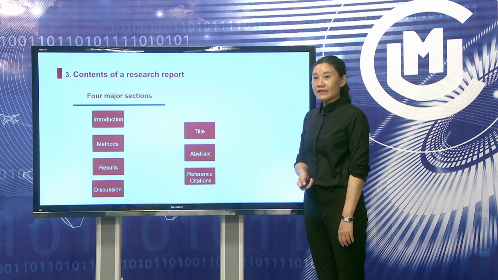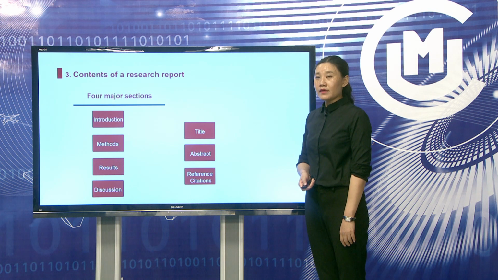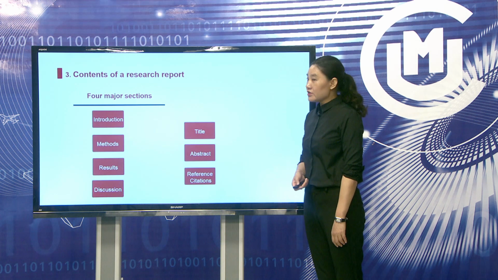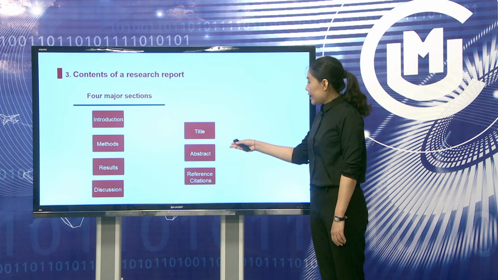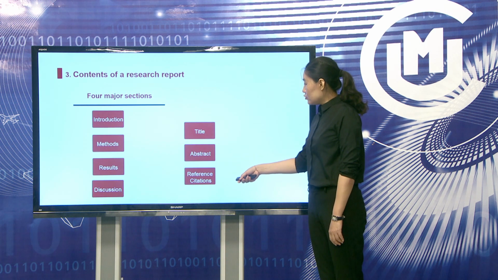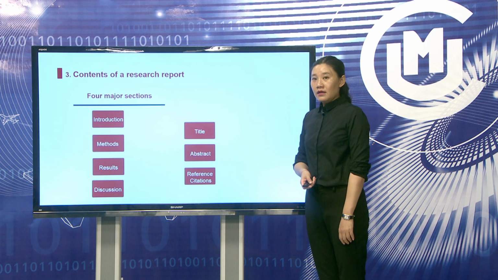The materials covered in the four major sections are found in some form in most research reports, although the organization might differ slightly. In addition to these four major sections, some other aspects of the report, including title, abstract, and reference citations, remain important and deserve mention.